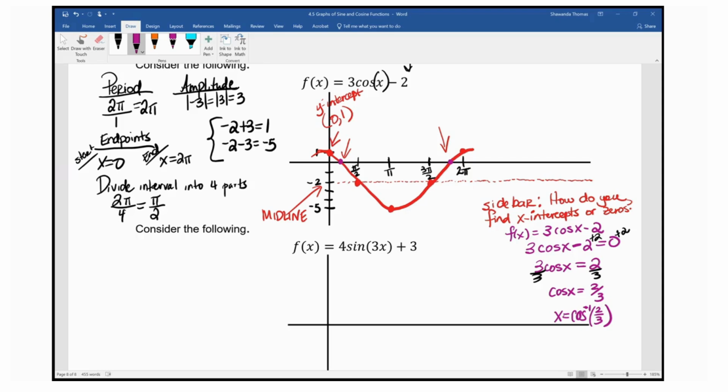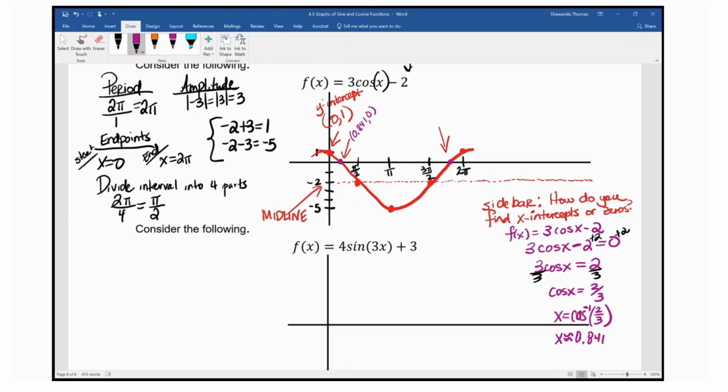Cosine inverse of 2 divided by 3. So x, see if y'all get approximately 0.841, something like that. So this is like (0.841, 0).